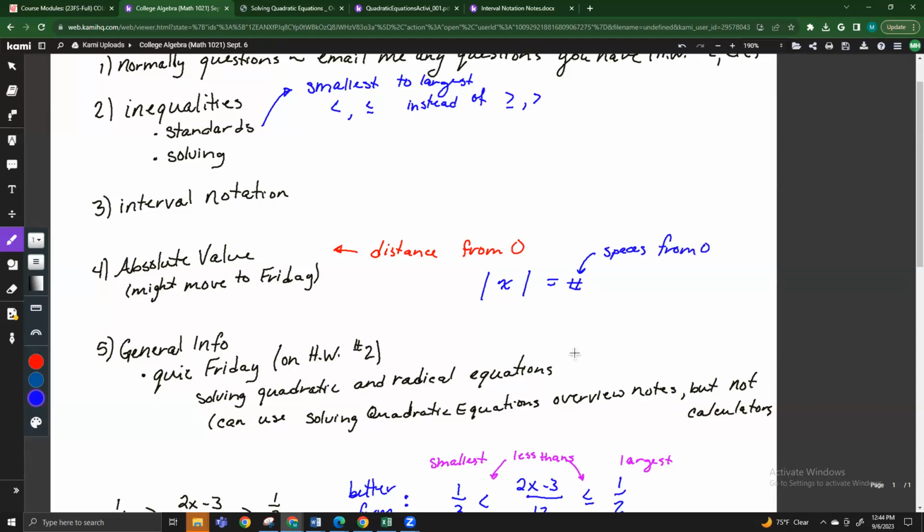Okay, and then when we change from the spaces from 0 to actually solving it, what I do is I take the negative of the number. So this is now a location, equals whatever was inside the absolute value. And then whatever was inside the absolute value equals the number.